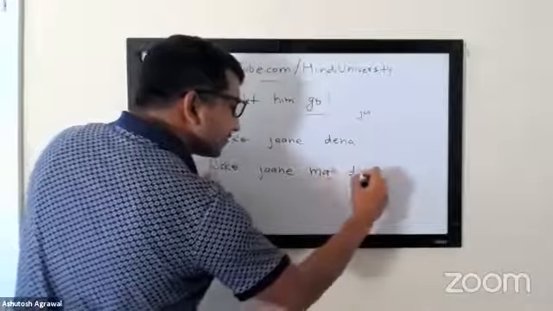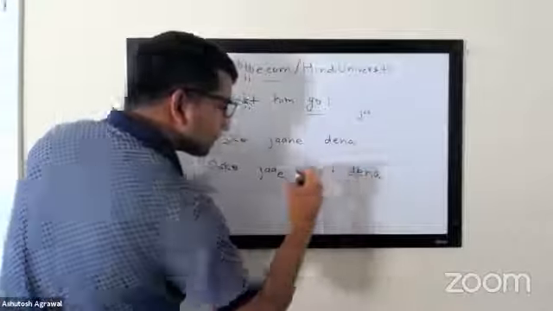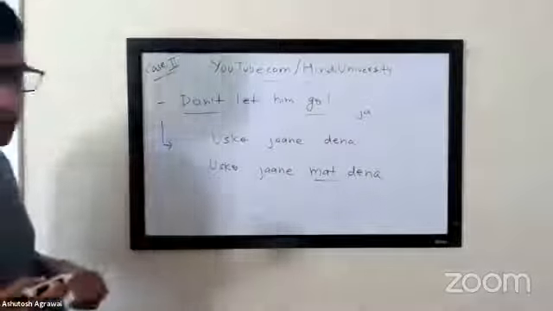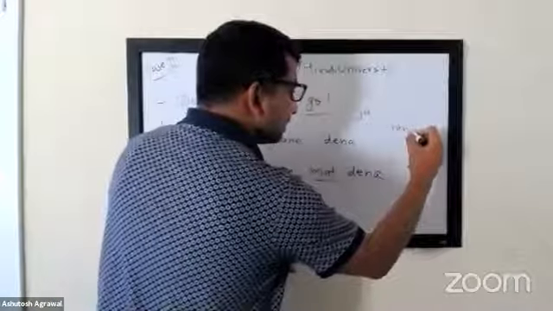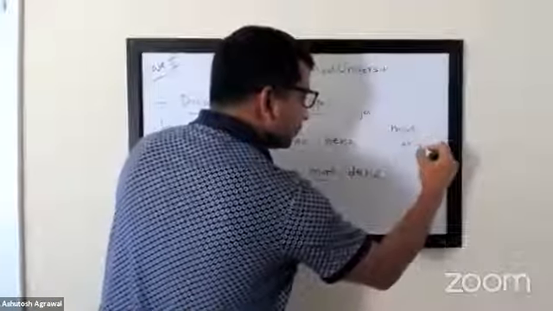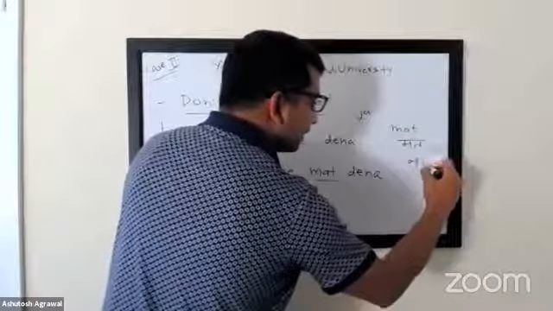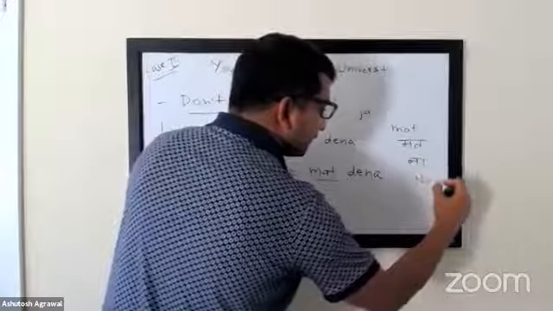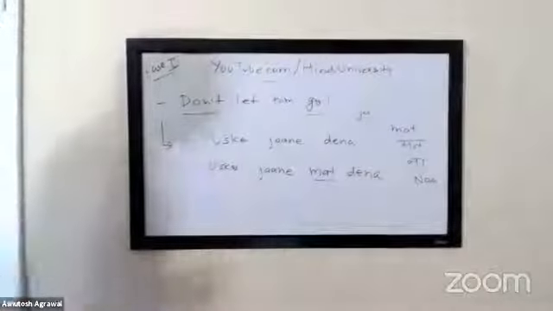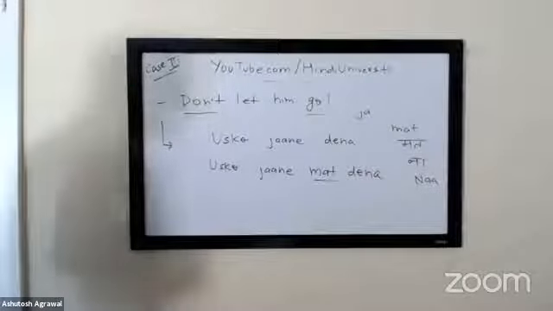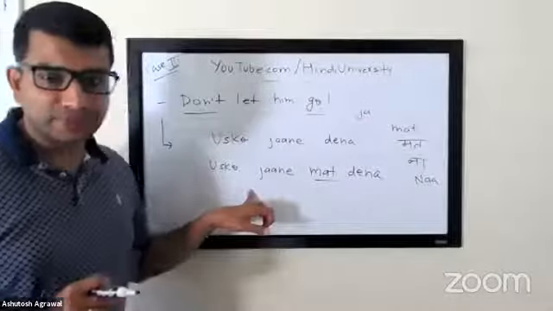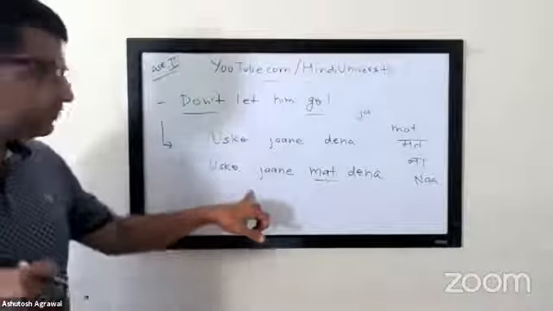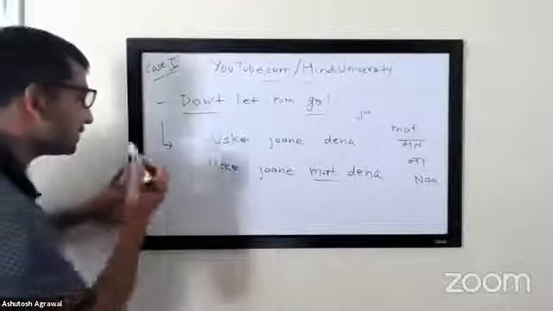Usko jane mat dena. Typically, in this case, you will hear either mat or na. You will see both of them. You will not see nahi. Usko jane mat dena or usko jane na dena. Okay. Yes. Okay. Let's see more examples of it.